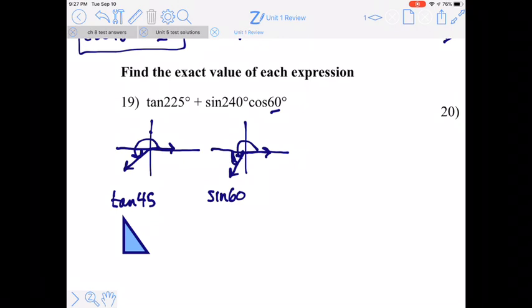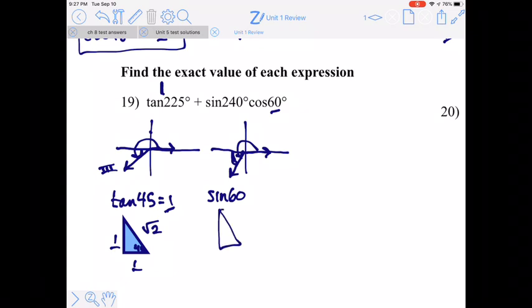So for 45, 90 triangle is 1, 1, square root of 2. Tangent is opposite over adjacent. So tangent of 45 equals 1. And since we're in quadrant 3 and tangent stays positive, it's going to stay positive 1. So this is 1.